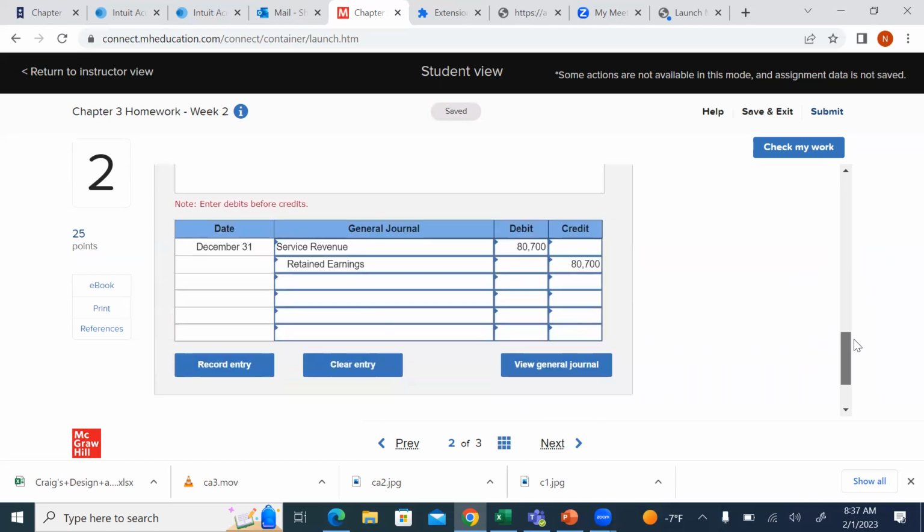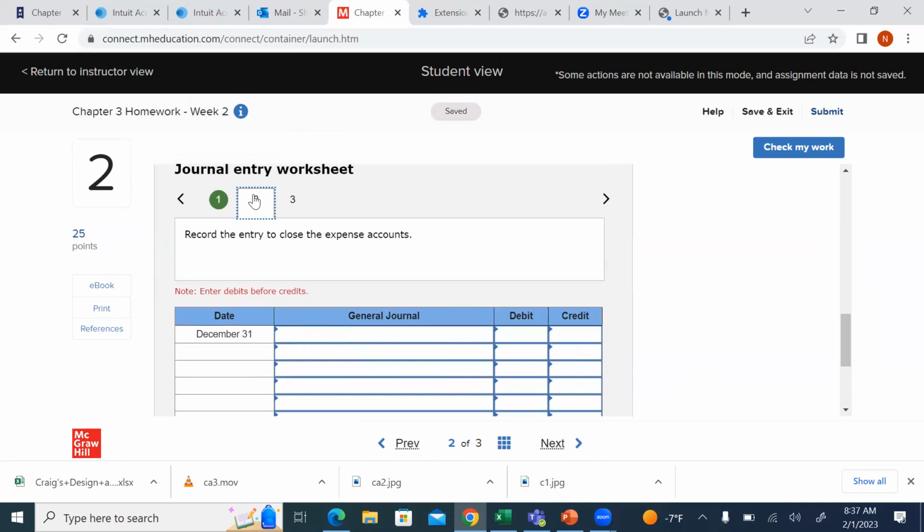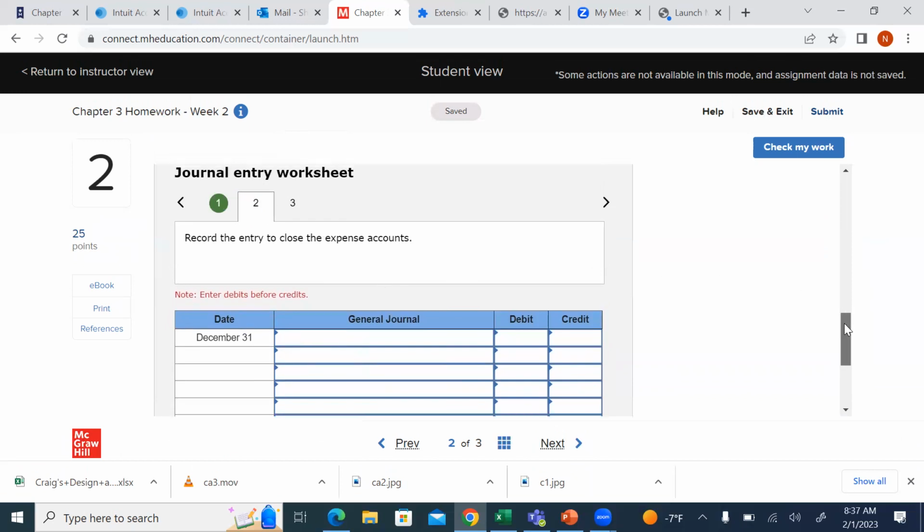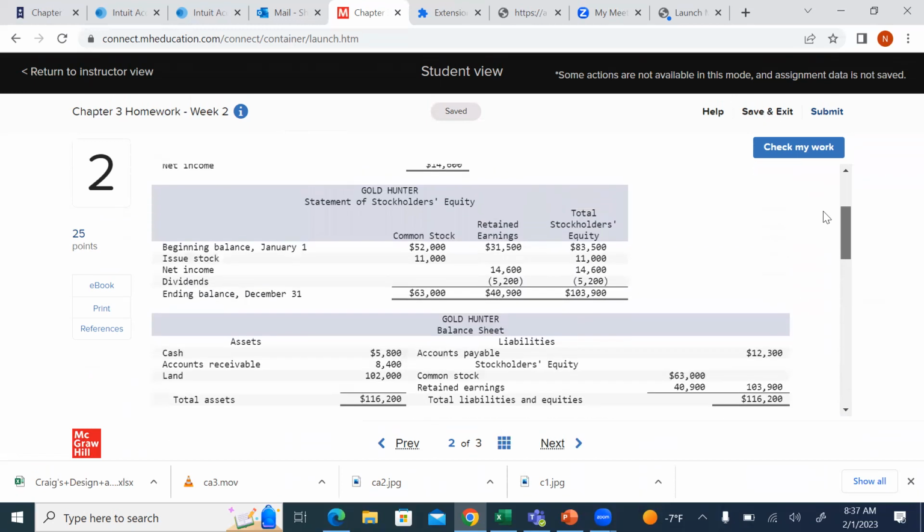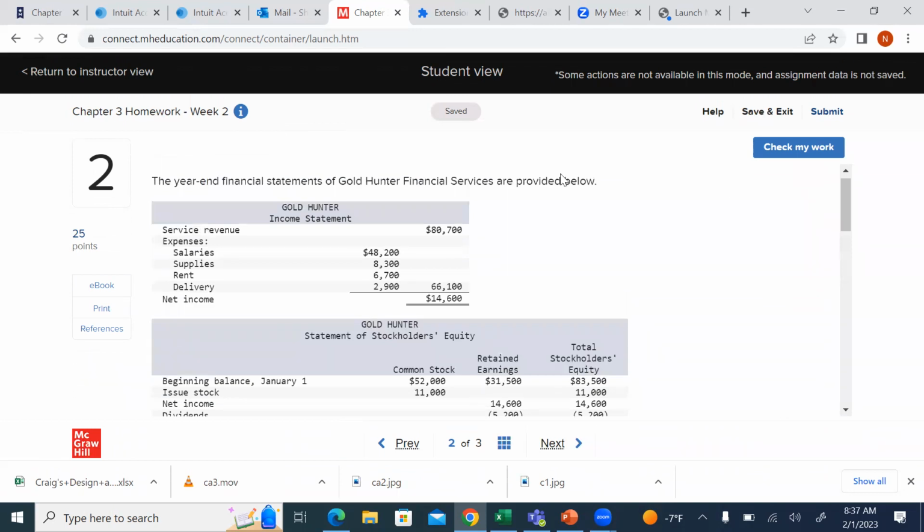Then, to zero out all of our expense accounts, since our expenses have a normal debit balance, we're going to want to credit those.